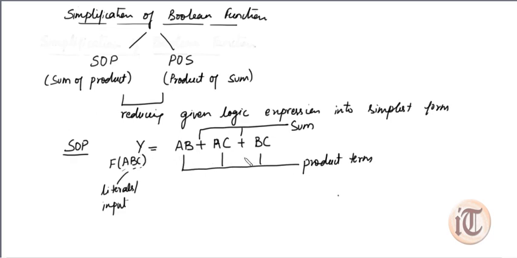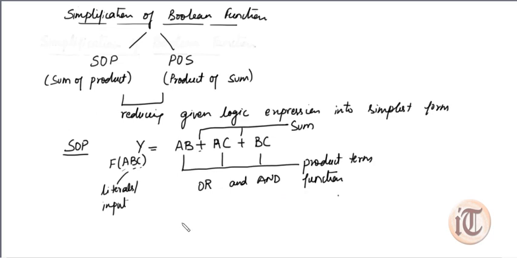Now the sum and the product in the SOP form are not the actual addition or multiplication. In fact, they are OR and AND functions. So this sum and product are actually OR and AND functions.